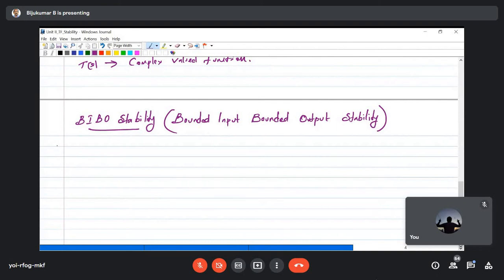So if I have a system that produces a bounded output for all possible bounded inputs, we can call it a stable system, right?